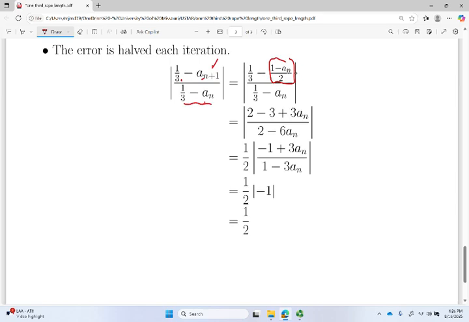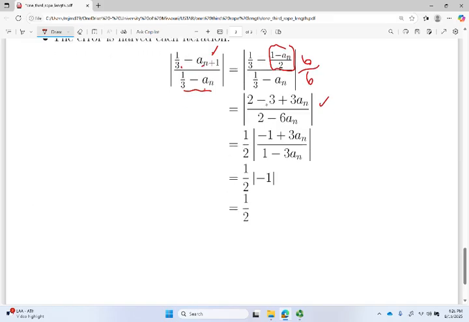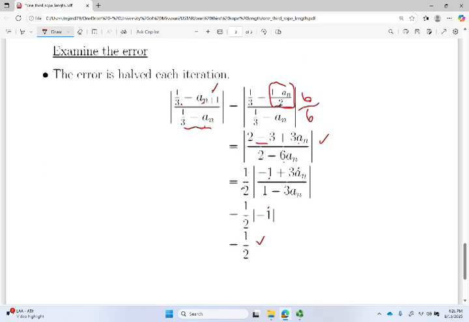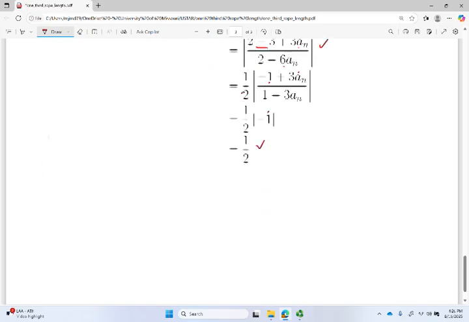I multiply the numerator by 6 and the denominator by 6 to get here. Then, of course, this is minus 1, and then this is 3a_n. And then I factor out a 2 in the denominator. These are just multiples of each other, minus 1. That's what we get here. And the absolute value of minus 1 is 1. So it is 1/2. So the errors do decrease by a half.